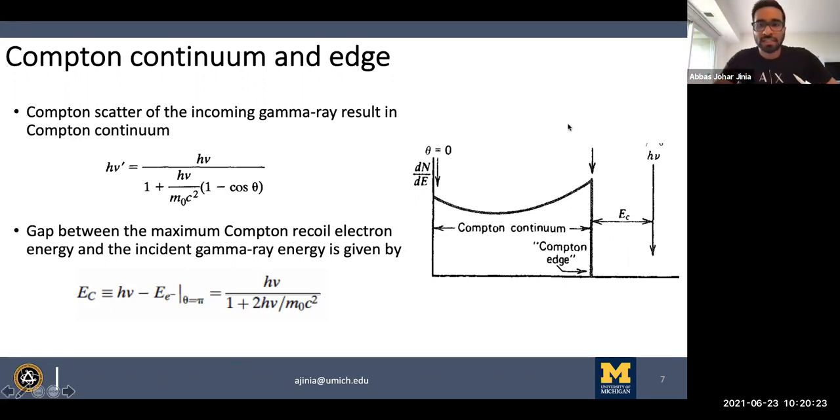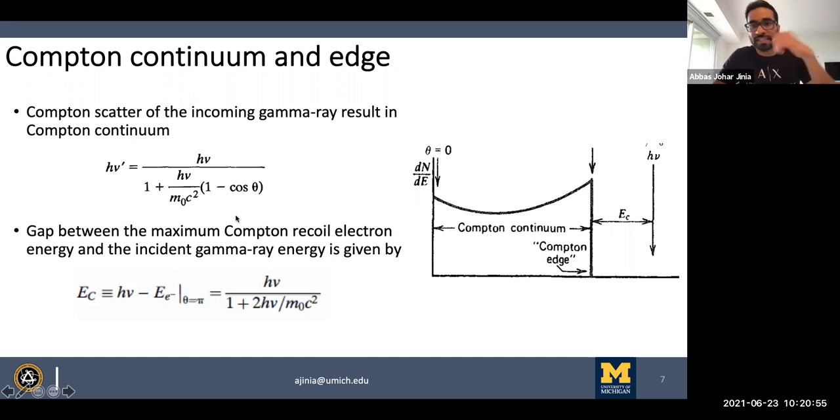Before we go into this Compton edge, let's talk about Compton continuum. How do we get this Compton continuum? If you look at the very first equation, there is a scattered photon, and there is a term called cosine theta. This cosine theta is basically the angle of scattering. Now, any angle is possible.